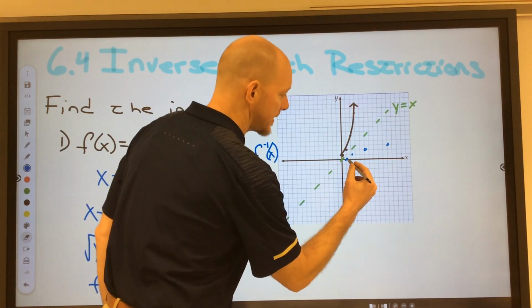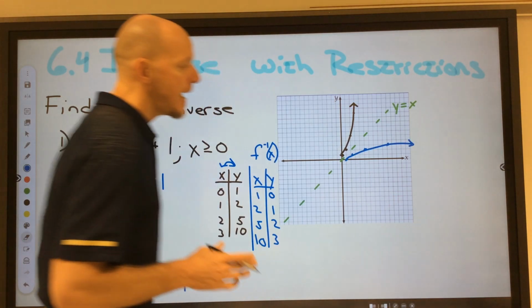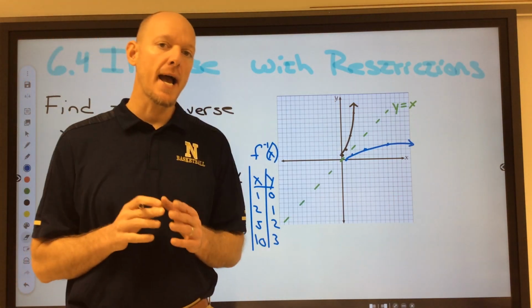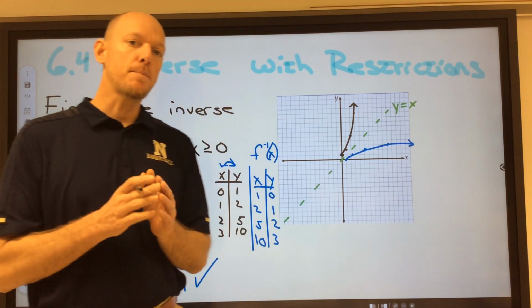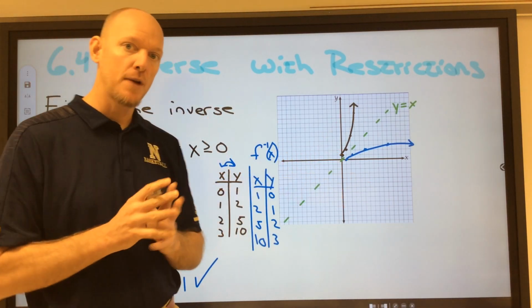The other part that we see happening in this case is that anytime we have a graph, the relationship between a function and its inverse is the reflection about the line y equals x.